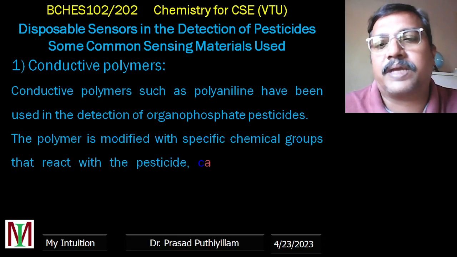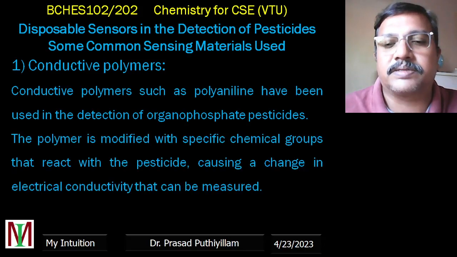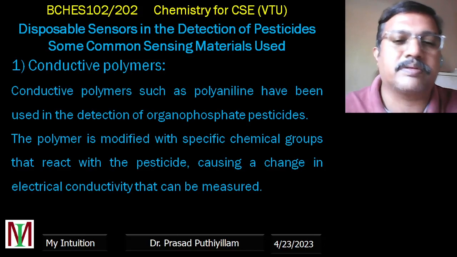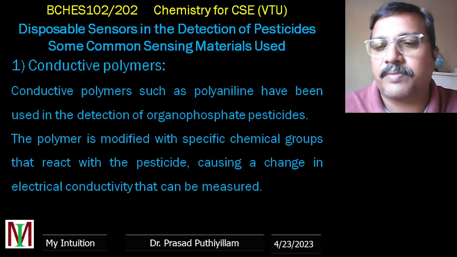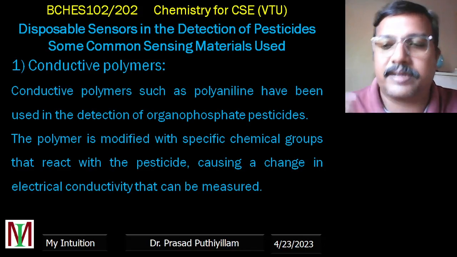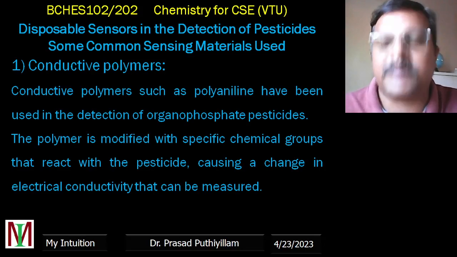These polymers can be modified with specific chemical groups attached on the surface of the sensing material, which can react with the pesticide, causing a particular change in electrical conductivity, which can be measured.